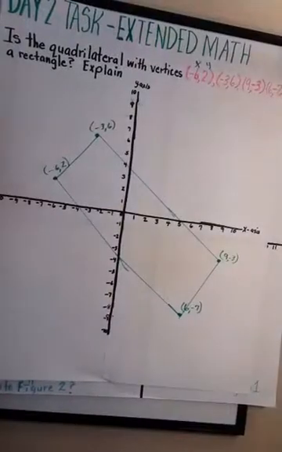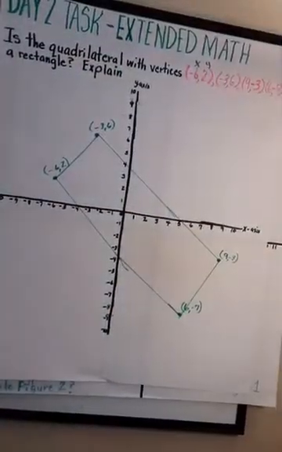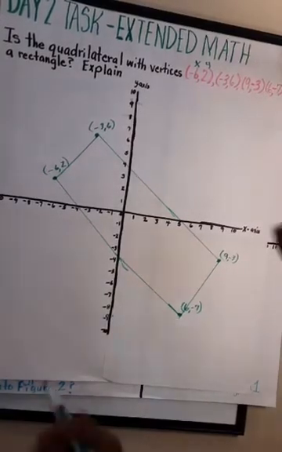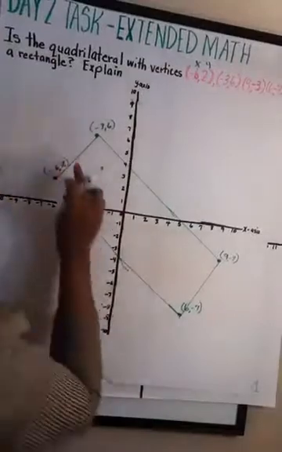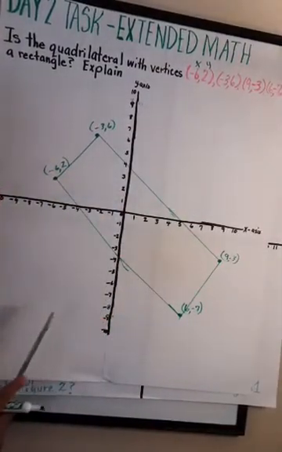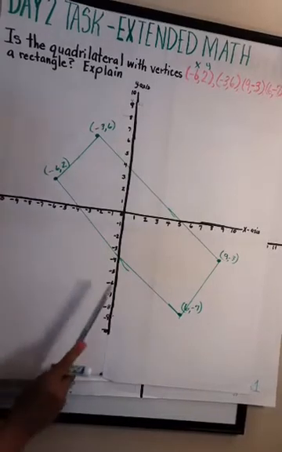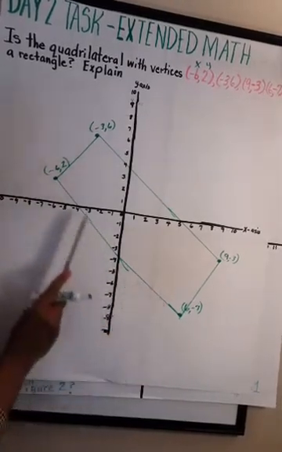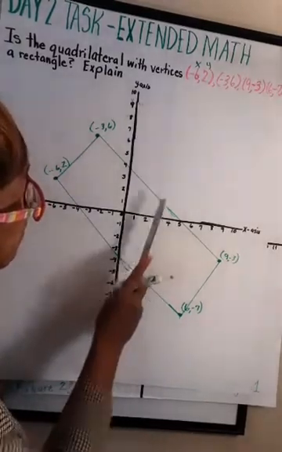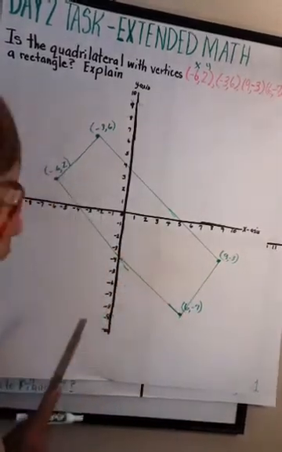What do you say? Yes, it is, because it has 2 pairs of equal sides. These 2 sides are equal, and this side and that side are equal. Now I'm drawing freehand, so it might look a little bit off, but these 2 are supposed to be congruent, and these 2 are congruent. It's a rectangle.